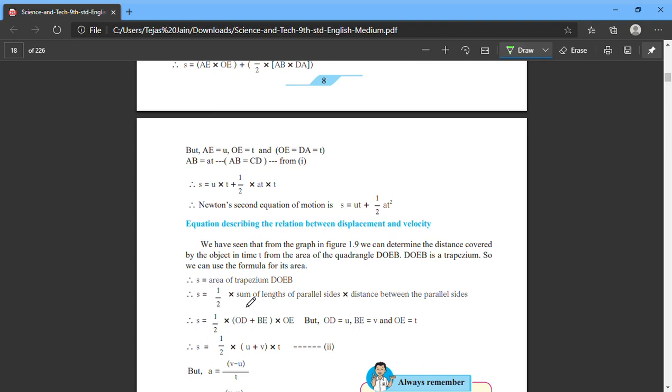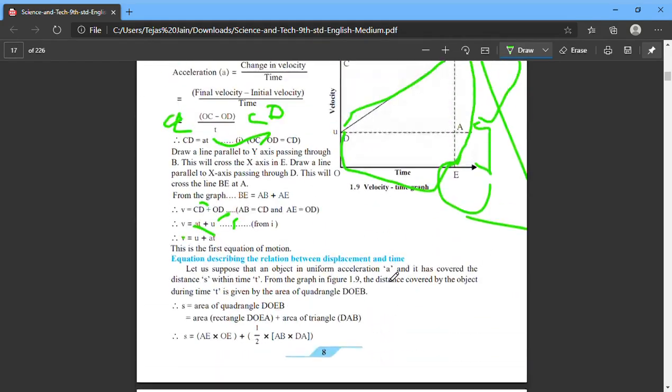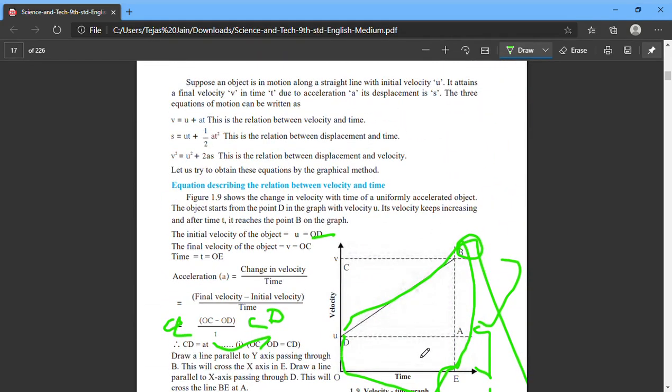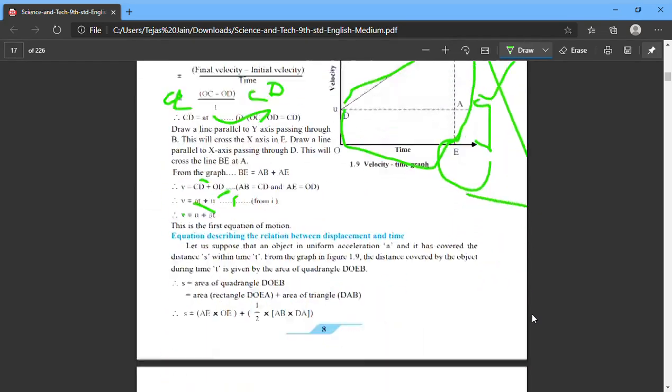Now the area of trapezium is given by the formula 1/2 into sum of lengths of parallel sides into distance between the parallel sides. Now from this trapezium DOEB, the parallel sides are DO and AB, and OE is the distance between these two parallel lines.